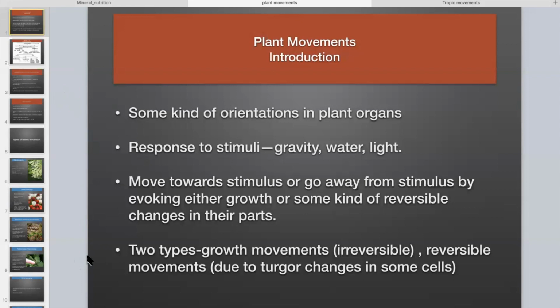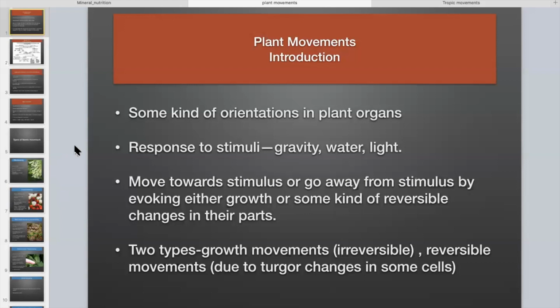This orientation may be in any part of the plant or the entire plant. It can move towards that particular thing. Those are actually called plant movements.